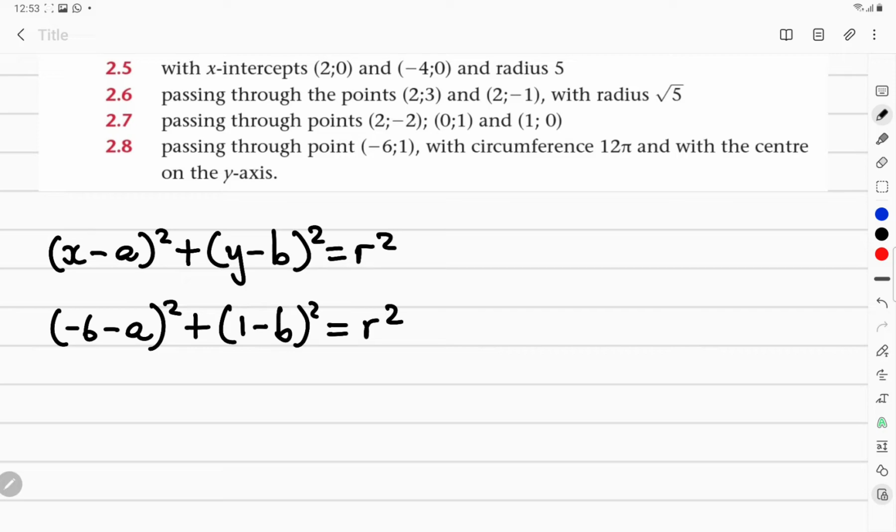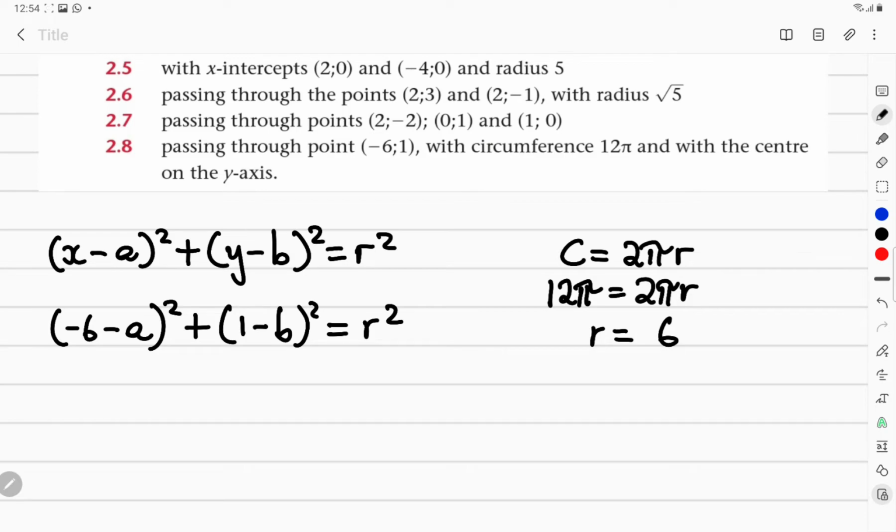One should remember the equation of circumference. Circumference is always given by 2πr. So the circumference here is given as 12π equals 2πr. Now you divide both sides by 2π, you're looking for r, then the answer will be 6.